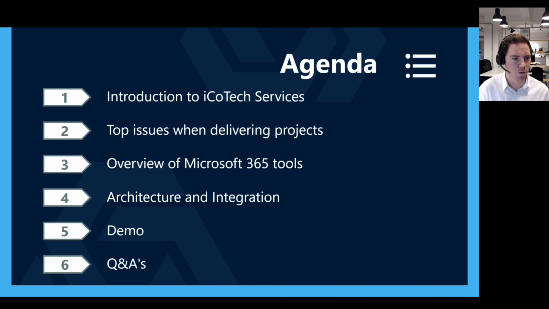And then we'll do an overview of the Microsoft 365 tools that are available to anybody using 365 to deliver portfolio management solutions. A bit of an architecture overview and integration conversation as well, and then we'll go on to give you a few demos. We'll look at some of the tools available to you in a quick overview of those technologies in 365.